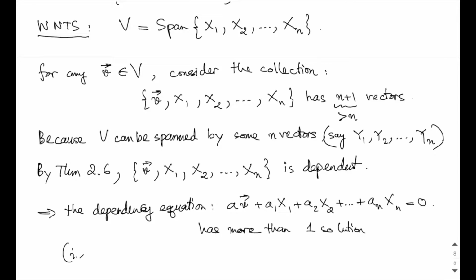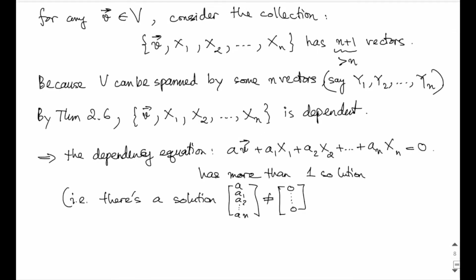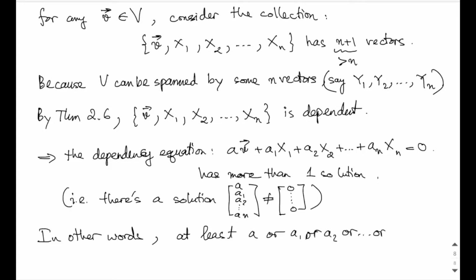In other words, there's a solution a, a1, a2, ..., an that is not the trivial solution. In other words, at least one of a, a1, a2, ..., an is not 0.